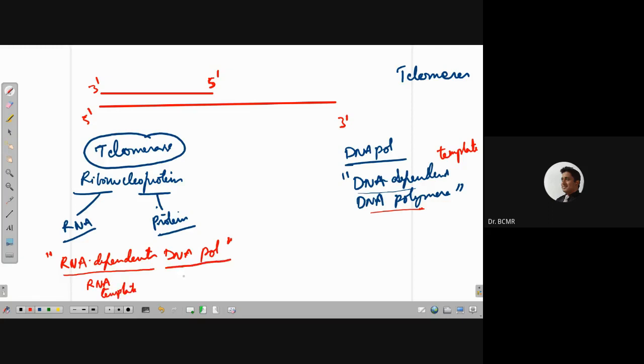It is going to make a DNA strand. The newly synthesized one is going to be a DNA strand. So telomerase, as I said, has two components. One is RNA and the other one is protein. The RNA component acts as a template. And protein, along with other RNA components, will act as DNA polymerase. I hope you heard the term reverse transcriptase.